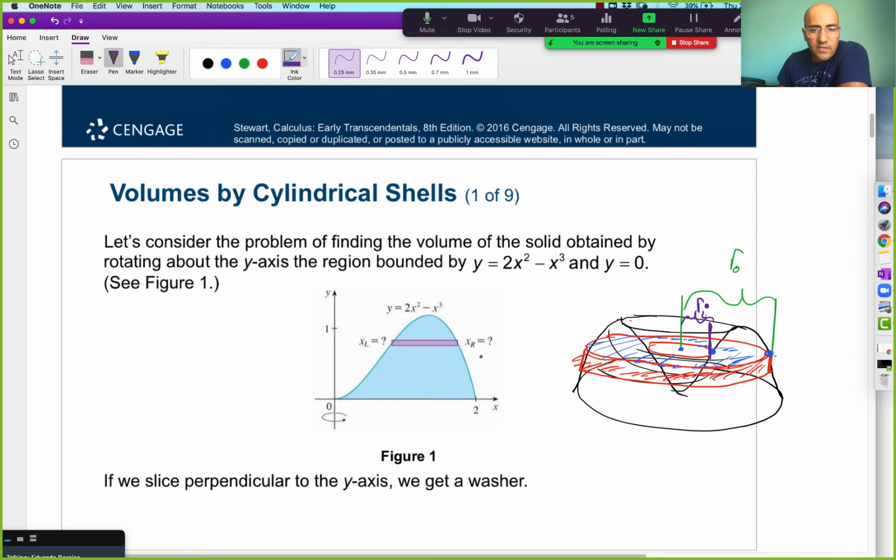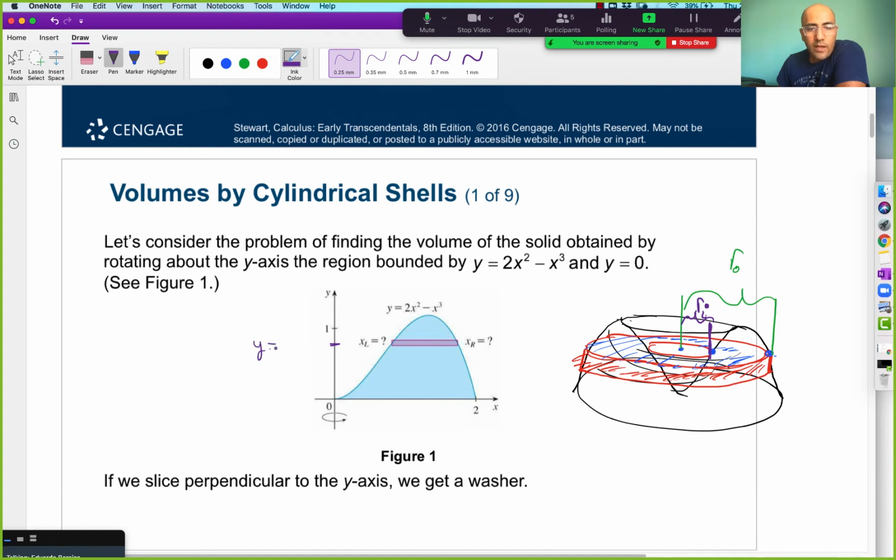Oh, you know what? I should have stuck to the right and the left, like the way they have it here. But at any rate, the problem is that the exact same equation describes this outer edge of my shape. So when I give an input, I choose one particular value of y.